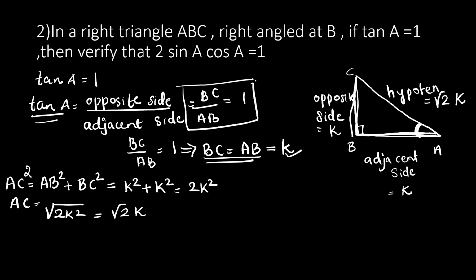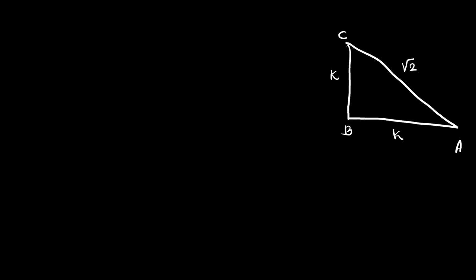Now we have to verify that 2 sin A cos A equal to 1. That is, we'll draw this again here. A, B, C. This is K, and this is root 2K. We have to find 2 sin A cos A equal to 1.